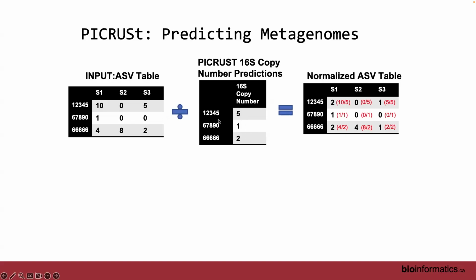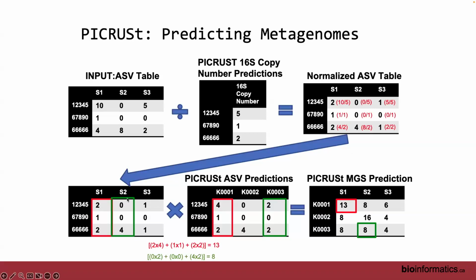And what does that look like? I just put a big division symbol here, which is not technically correct, but it gets the point across that we're literally dividing our ASVs by that copy number to now have a corrected ASV table based on the 16S copy number. Okay, so that's still an ASV table, just in theory corrected by 16S copy number.